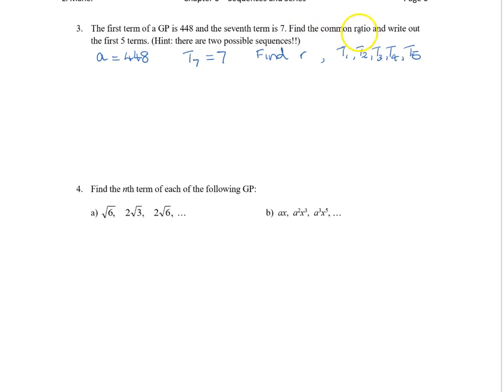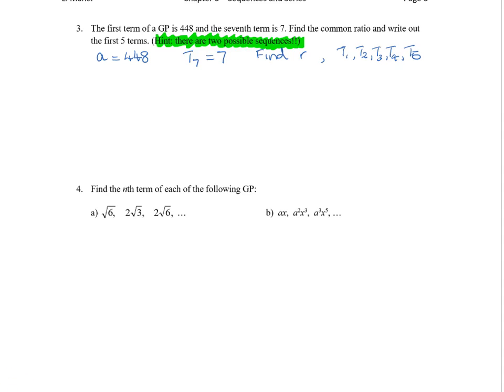It says find the common ratio, so I'm finding R, and write out the first 5 terms. There'll be term 1, term 2, term 3, term 4, term 5. And always note, if they give you a hint, which they don't very often, there are two possible sequences.